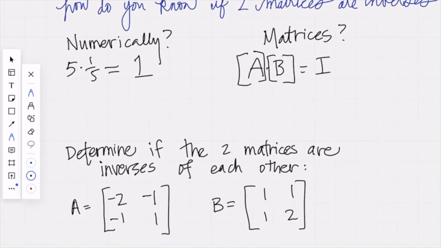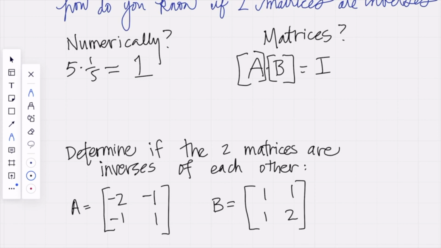So I want to know if these two matrices are inverses of each other. And the way I'm going to do that is I'm just going to enter matrix A into my calculator. It's a 2 by 2 matrix. And I'm going to enter matrix B into my calculator. And then if I multiply matrix A times matrix B, I should end up with an identity matrix, 1, 0, 0, 1.